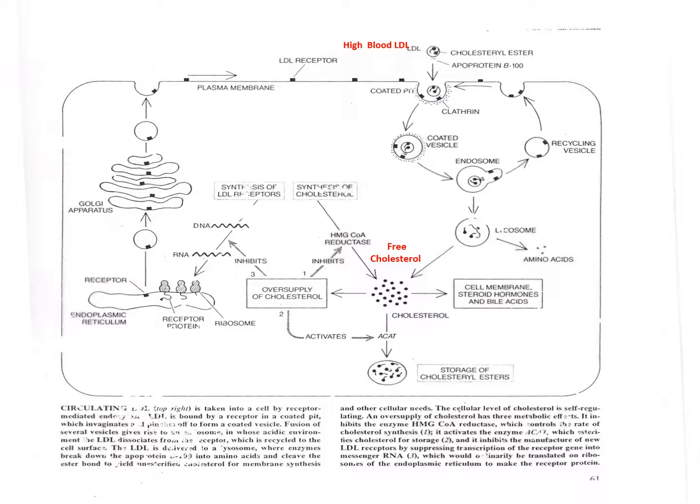And at a certain point, then the liver cell is going to be full of free cholesterol, and it is then going to have an oversupply, which would reduce and inhibit the HMG-CoA reductase, so the liver won't make any more of its own free cholesterol.